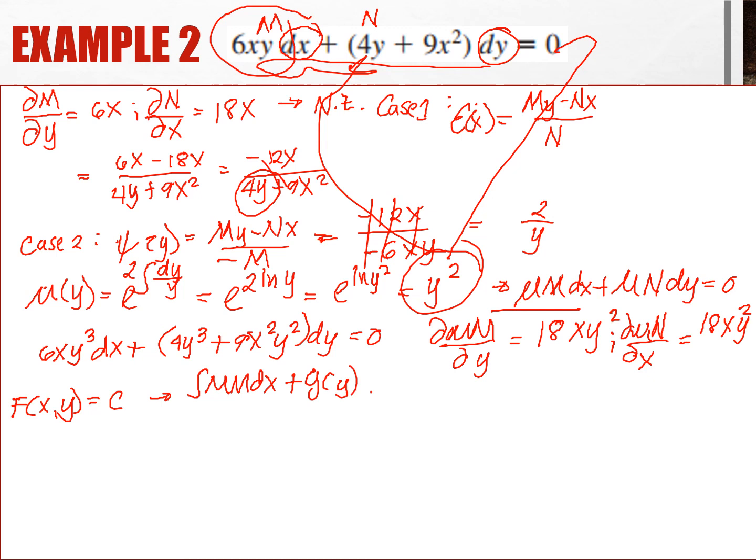So integrating 6xy cubed dx plus g of y will give you 3x squared y cubed plus g of y.